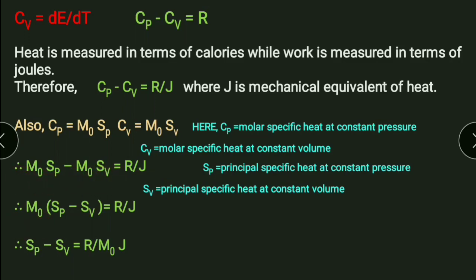Therefore Mo into (Sp minus Sv) equals R upon J. Therefore Sp minus Sv equals R upon Mo J. Here Sp is the principal specific heat at constant pressure, Sv is the principal specific heat at constant volume, R is the universal gas constant, Mo is the molar mass of the gas, and J is the mechanical equivalent of heat.